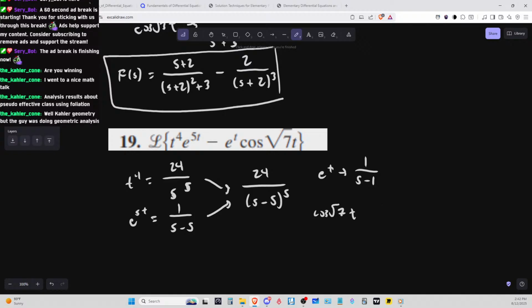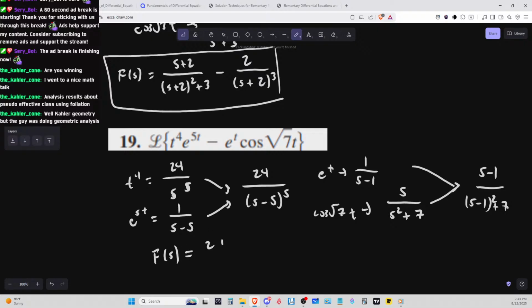7t, and this will lead us to s over s plus 7. So together, that would make this s over s squared plus 7, and the Laplace transform of that would be 24 over s minus 5, and then minus s minus 1 over s minus 1 squared plus 7.